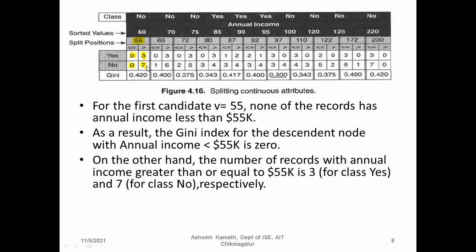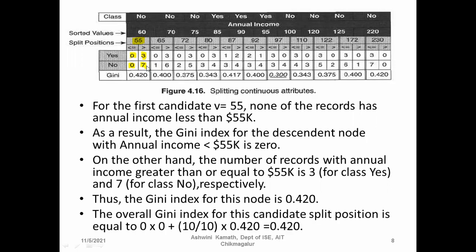So 3 and 7. When you get the weighted average Gini index for this, then it will be 0.420. So similarly do for the next split, that is for 65.